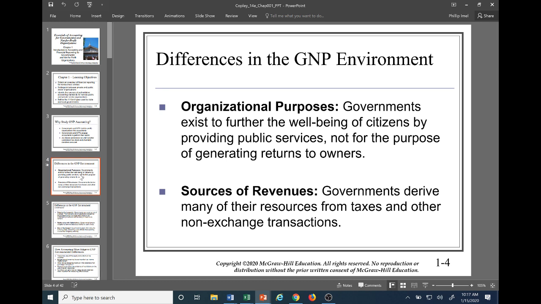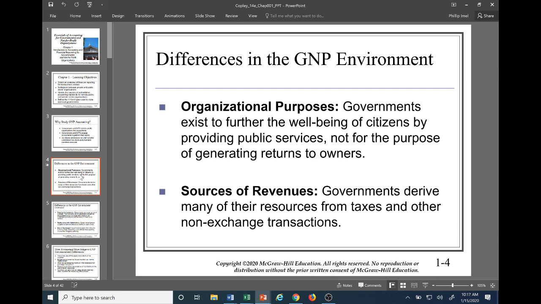So, some differences in the governmental not-for-profit environment. Organizational purposes we've already touched on a little bit. Governments are going to exist to further the well-being of its citizens by providing public services, and it's not for the purpose of generating returns to owners. So once again, it's for the general public, and not for the investors.